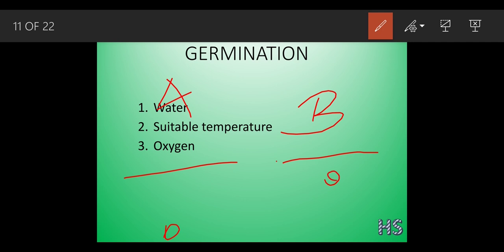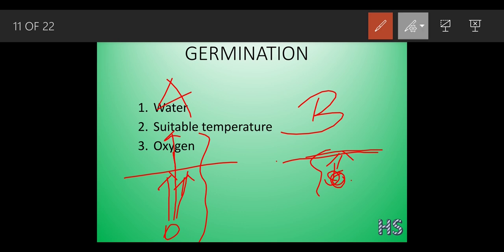If the seed is deep, it has to apply a lot of force to get out of the soil surface, but it needs only a minimum amount of energy in the other case. A maximum amount of energy would be required to rupture out of this layer of soil. So there are the two reasons.